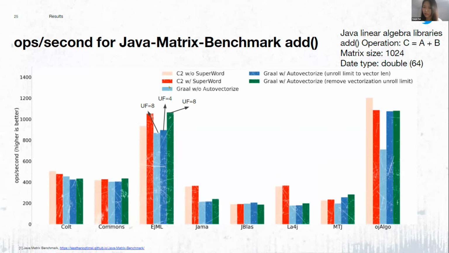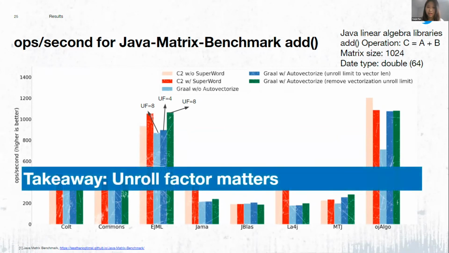If the vector register is 256 bits and the data type is 64 bits, the unroll factor is limited to 4. But if we remove such limits and look at the green bar here, where the unroll factor is 8, we see a much higher speedup over the scalar version. That means the unroll factor matters for autovectorization, and loop unrolling is a phase that comes before autovectorize.